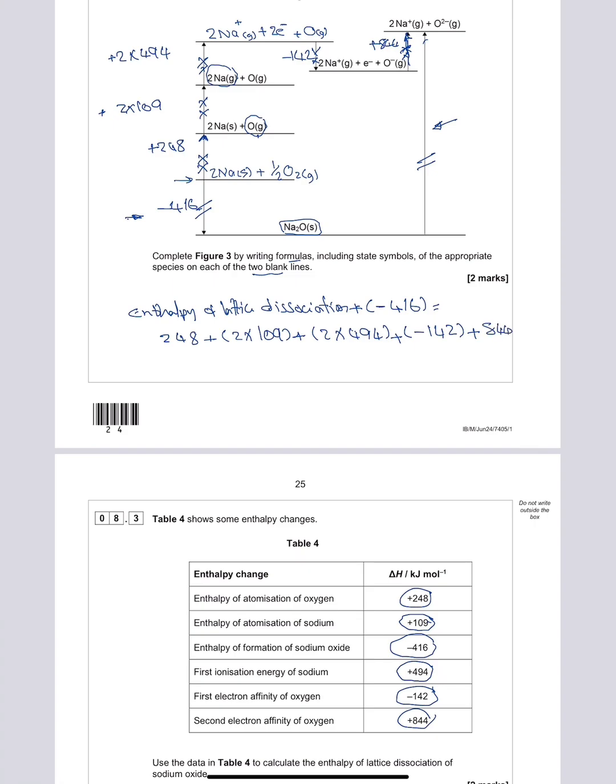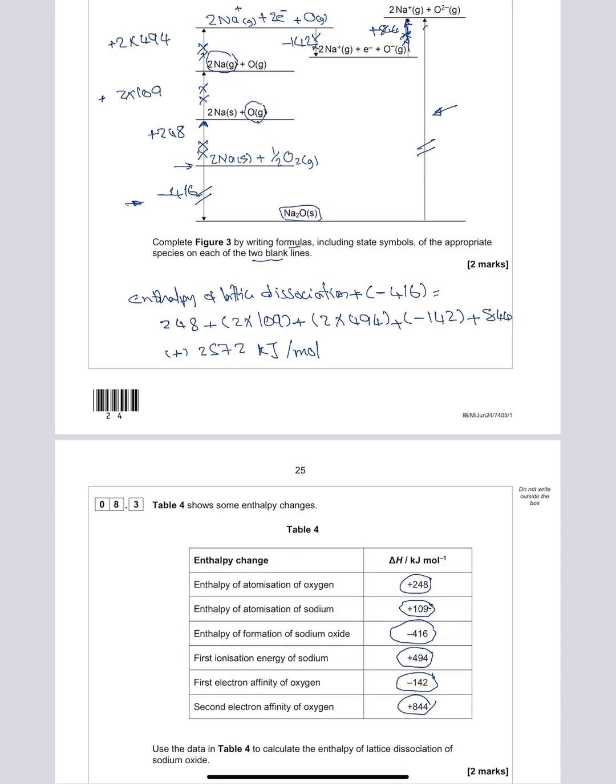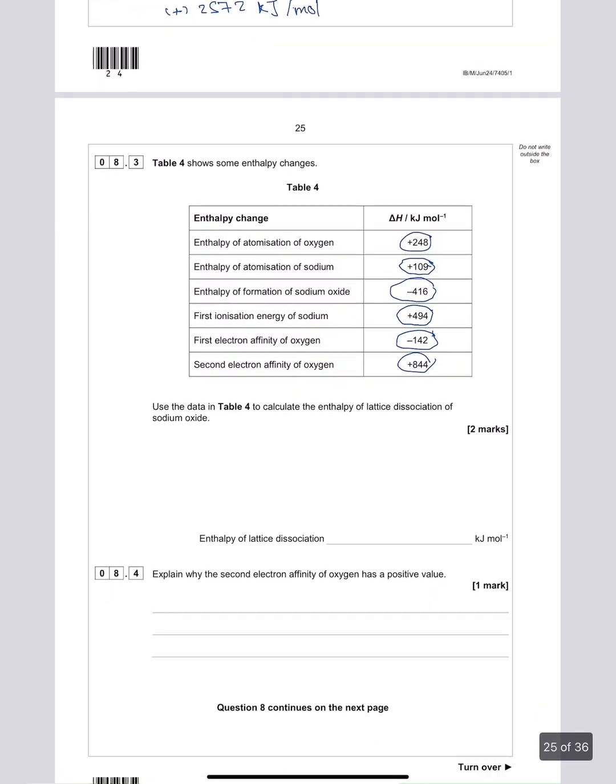When you do this calculation and you move the minus 416 to the other side with the opposite sign, then the final answer will give you plus 2572 kilojoule per mole. So this is the enthalpy of lattice dissociation of the sodium oxide.